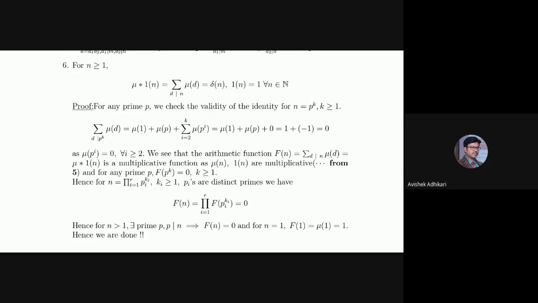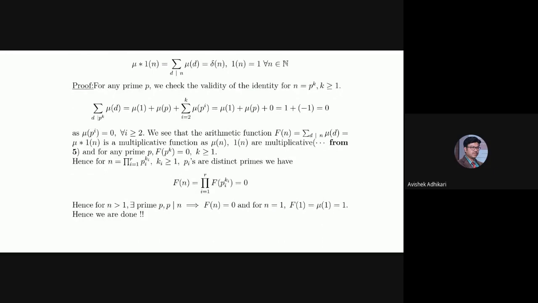Because we know that mu, the Mobius function, is multiplicative, and the function 1 is also multiplicative, because 1 of mn gives us 1, equal to 1 of m into 1 of n, which are also 1. So 1 of every number is 1. So this function is clearly multiplicative. That implies that the Dirichlet convolution of these two functions will also be multiplicative.